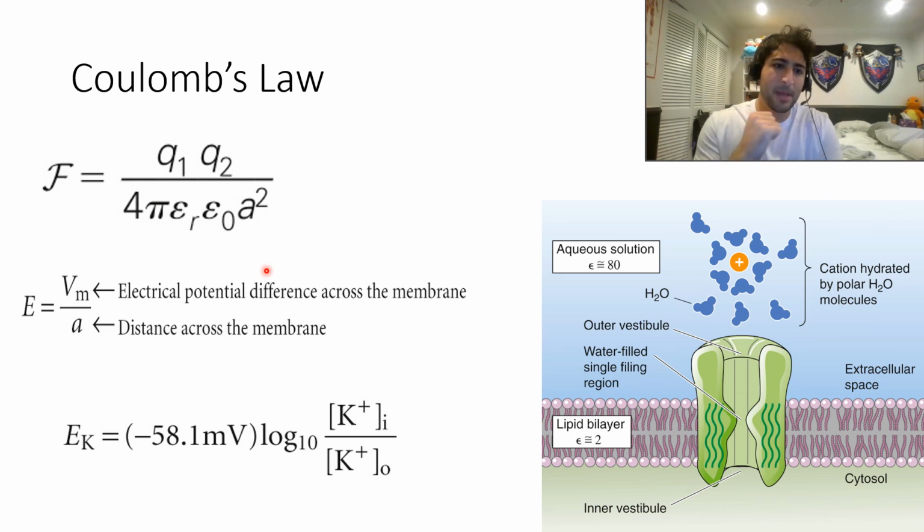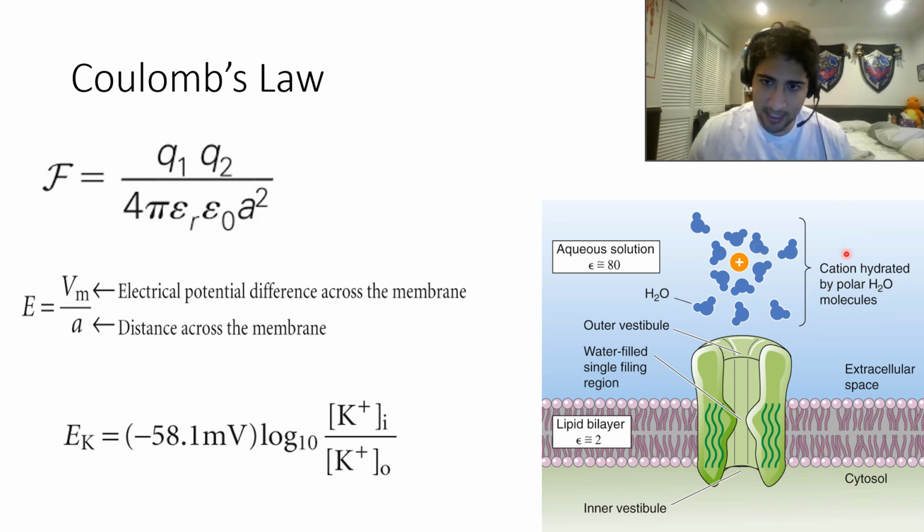Ultimately, this reduces down to the equilibrium potential of potassium, which is minus 58.1 millivolts times log base 10 of the potassium inside versus the potassium outside the cell. You don't have to memorize this, but we'll circle back to it.